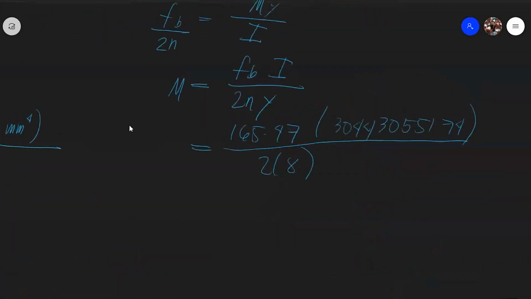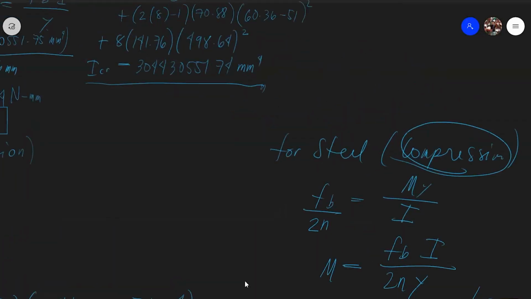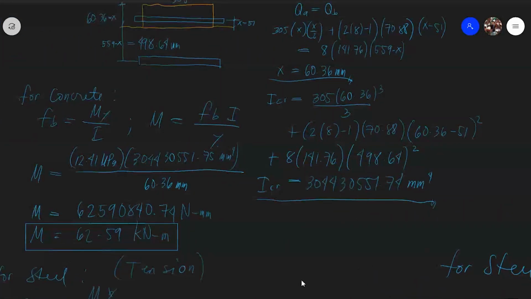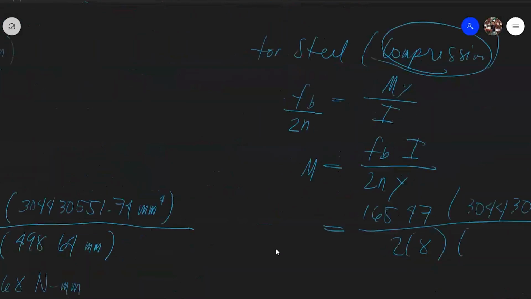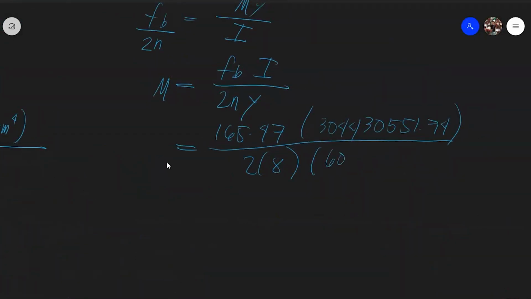Very good. Your X is 60.36, so 60.36 minus 51.